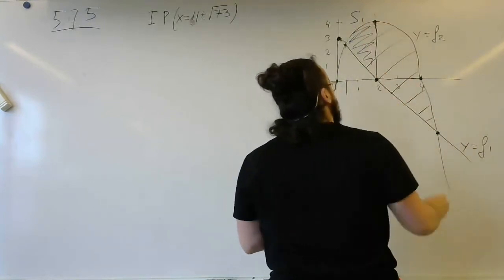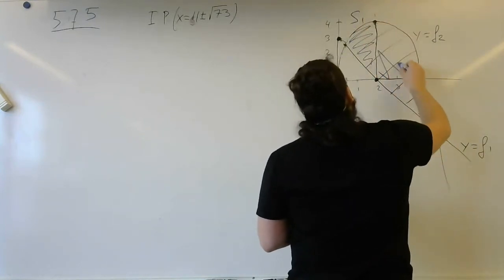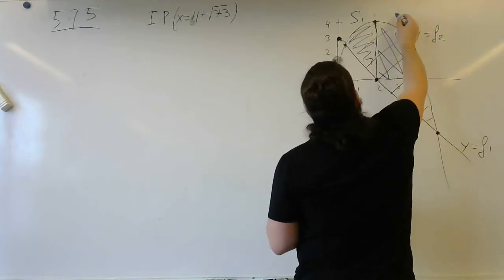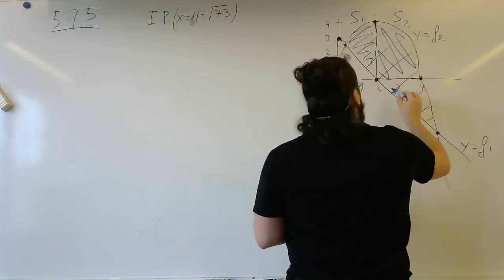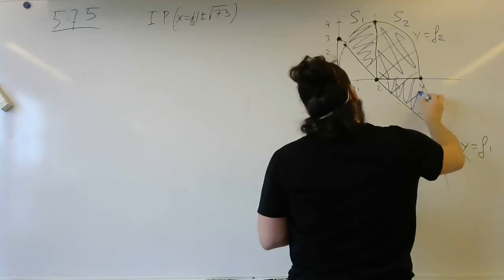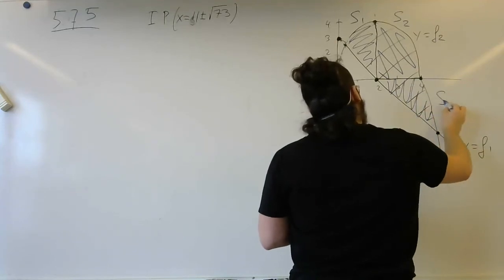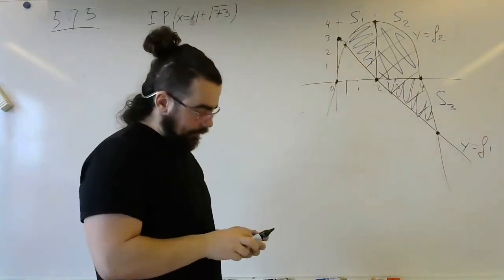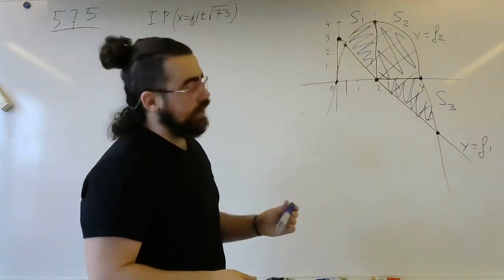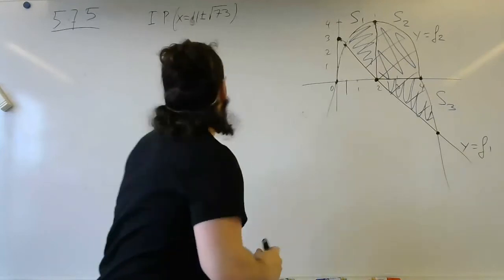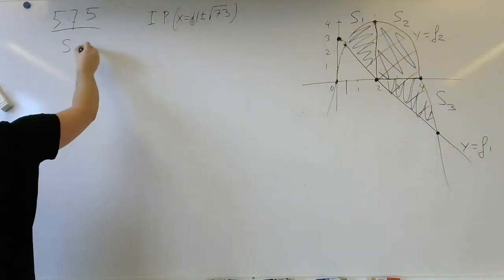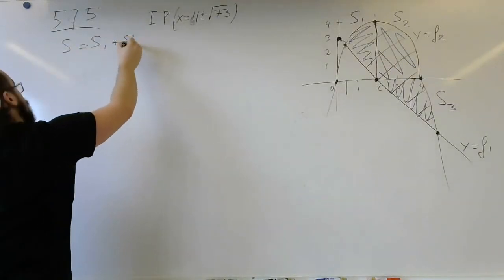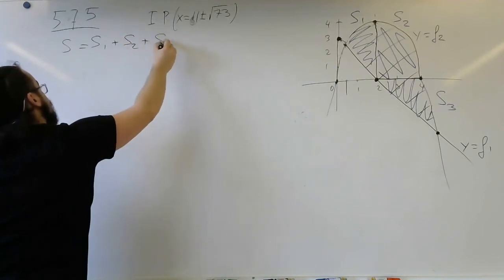Section 1, section 2, and section 3. And why do we separate them this way? So we can use the axis to our favor. Now, the surface is S1 plus S2 plus S3.